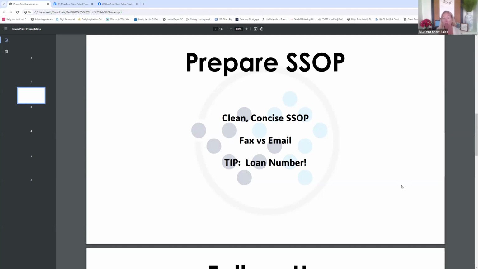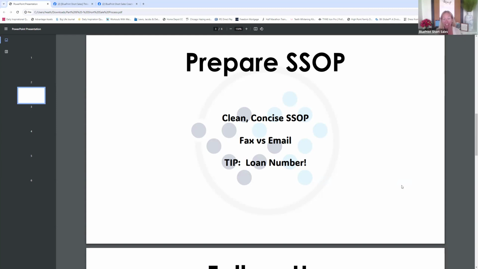But if they don't, then we have one available for you in that list. After you get through all of that, you're going to include the contract addendum, and you're going to want to include proof of funds if it's cash or pre-approval if it's financing. And then the very last thing that we include is the HUD or master statement, which is a whole other training in itself. Preparing a master statement for a short sale is very, very different.